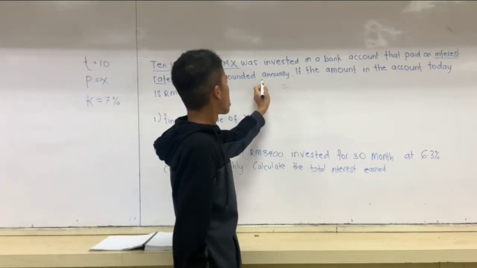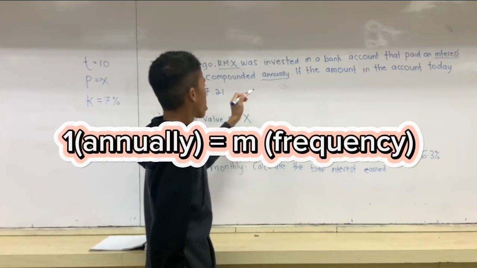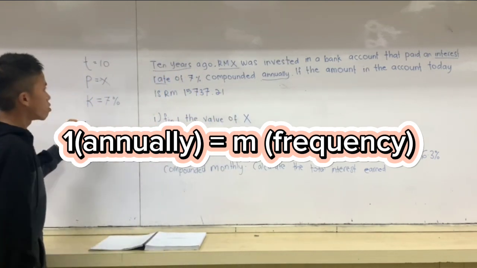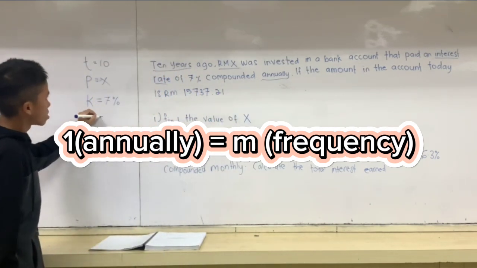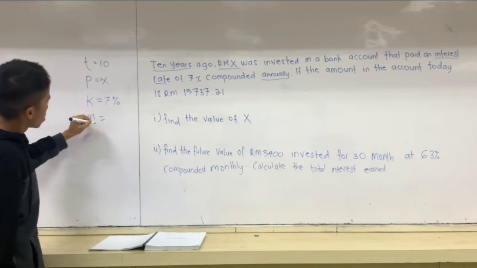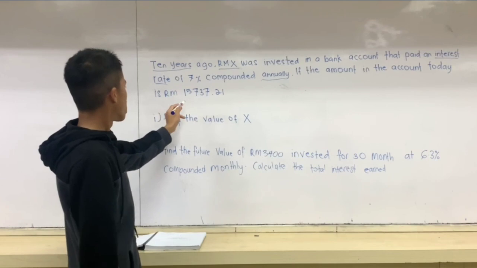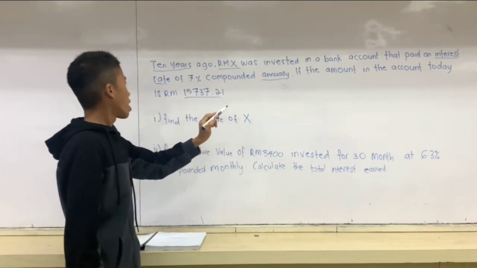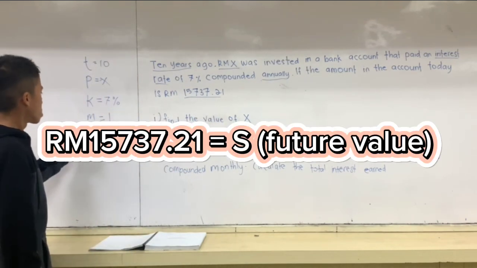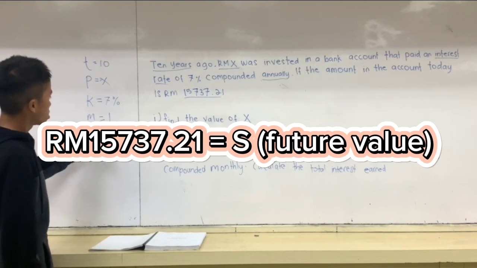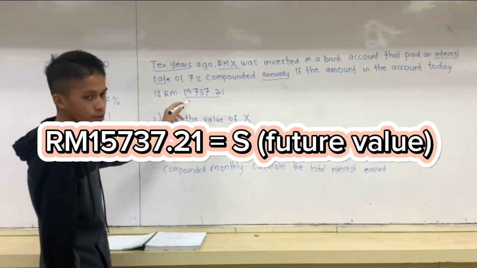Compounded annually. This is a frequency. Annually equal to 1. So M equal 1. Okay, the last is S. This is a future value.